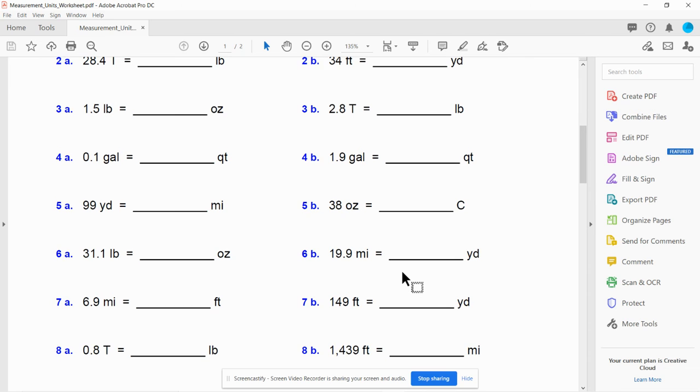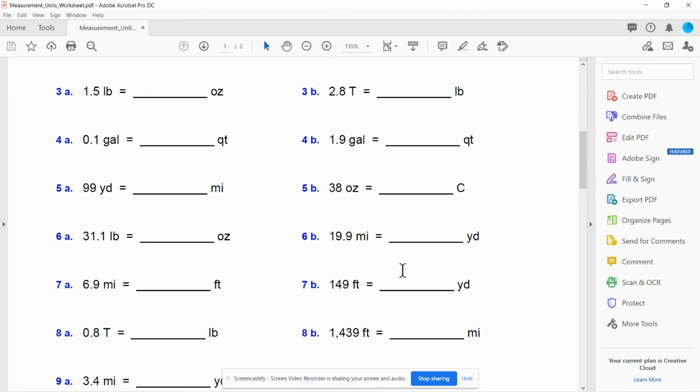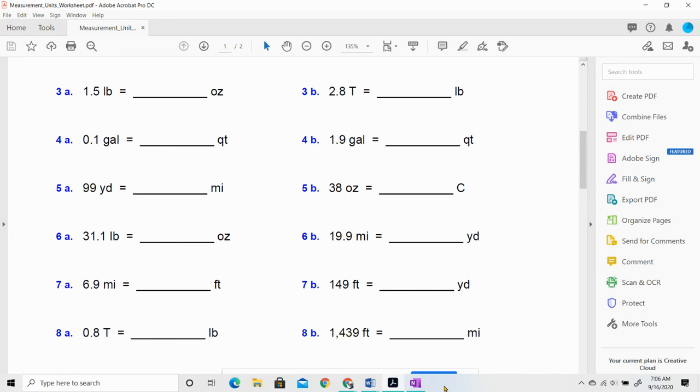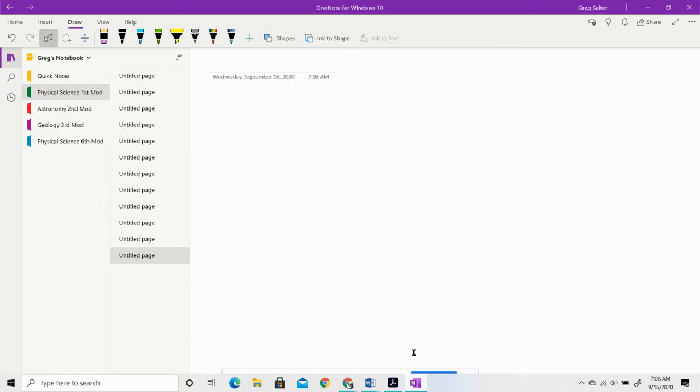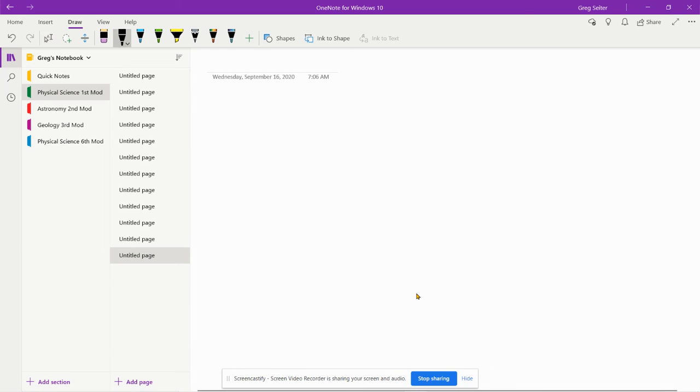19.9 miles equals how many yards? Okay, so again, this is going to be a double conversion. We're saying 1 mile equals 5,280 feet.